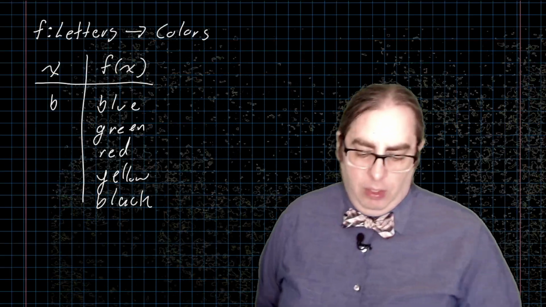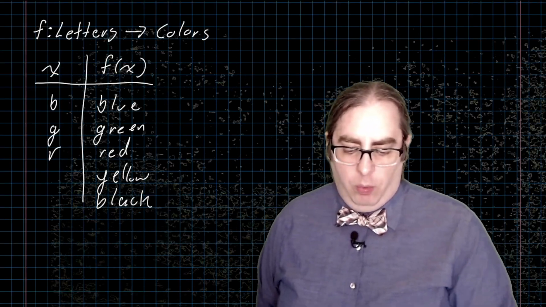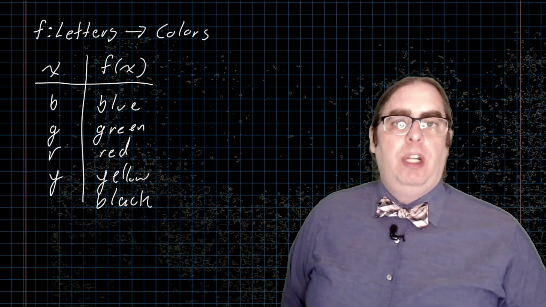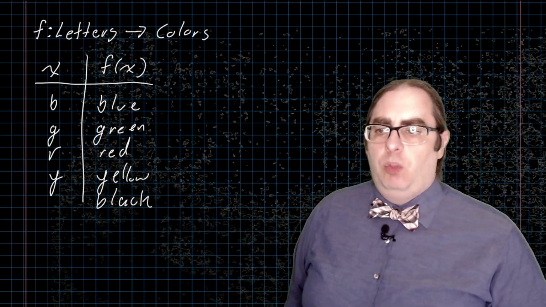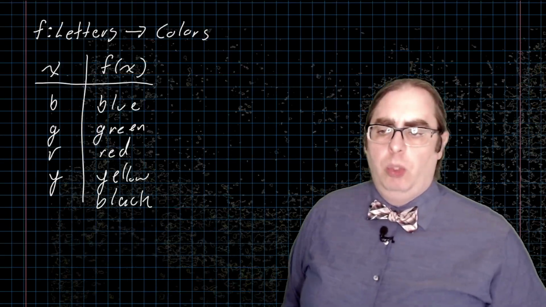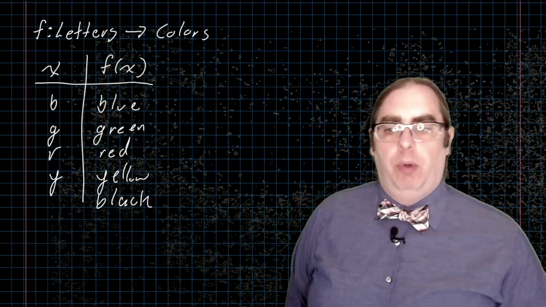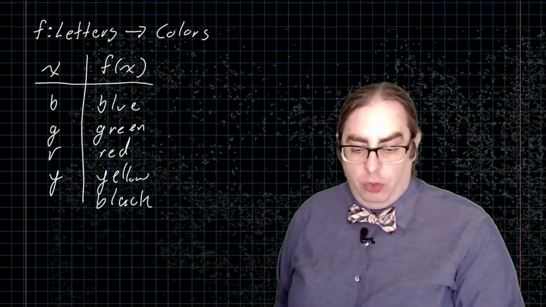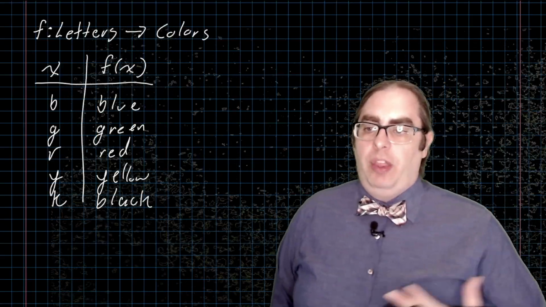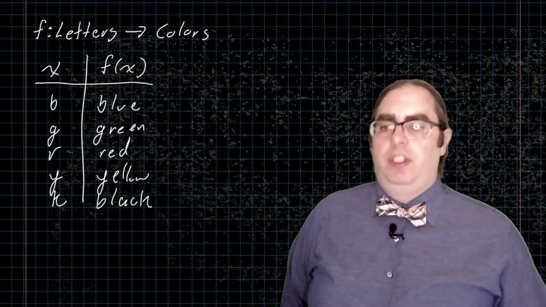Well, B will map to blue, G will map to green, R will map to red, Y will map to yellow, and then we run into a problem. Because we've already defined B as mapping to the color blue, we can't reuse B as the value that will map to the color black. So we have to choose something else, maybe a K. So with this rule, we have defined a function.